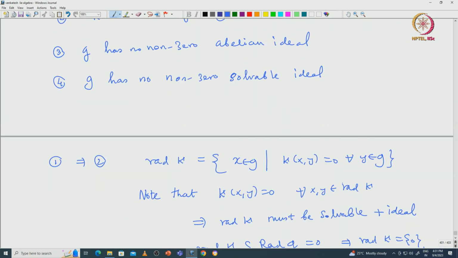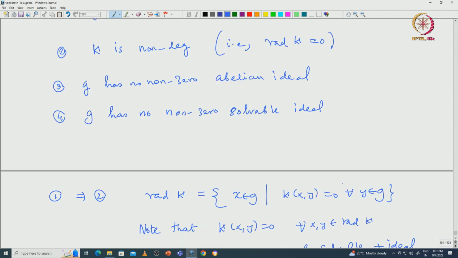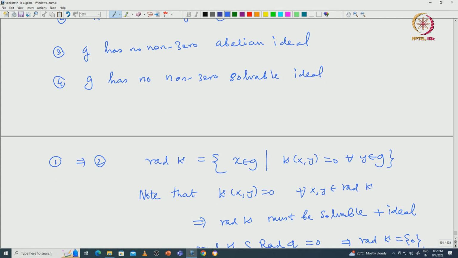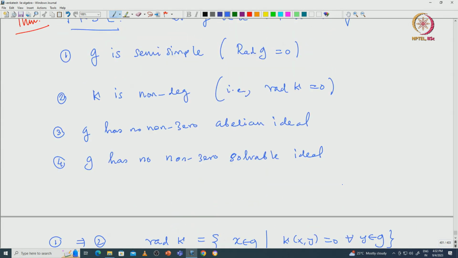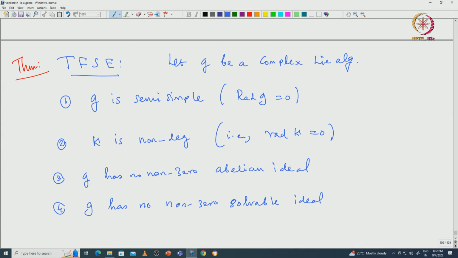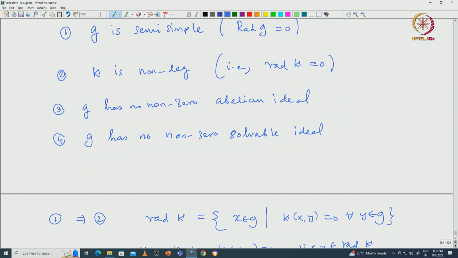Now, 3 implies 4 is obvious, because if G has a non-zero solvable ideal, then look at its derived series. The last non-zero term will be an abelian ideal, as we have seen already. So, if G has no non-zero abelian ideal, then there is no non-zero solvable ideal, hence no maximal solvable ideal other than 0.